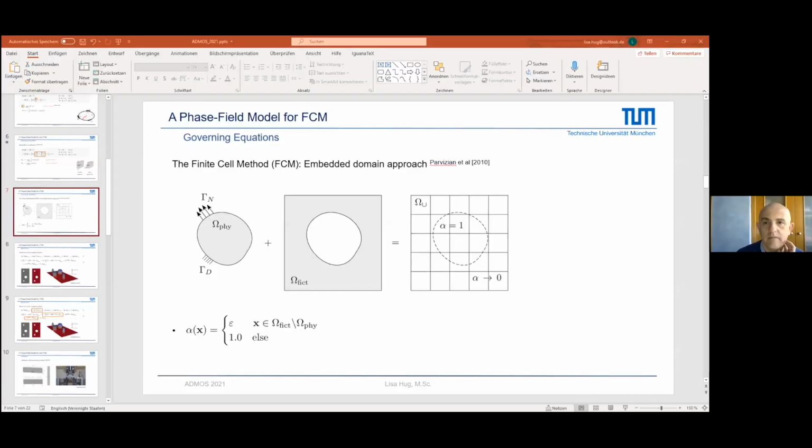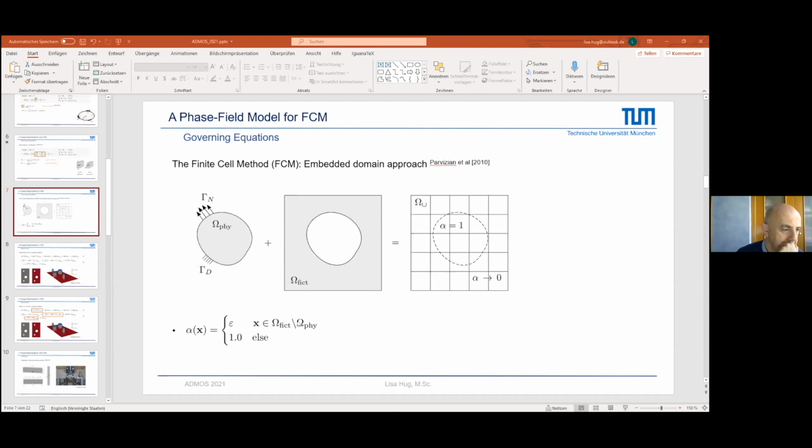Yes, I will share my screen if that's possible. Okay. So basically, the idea behind FCM is that we have our physical domain, which we embed into a geometrically larger domain of simple shape, which we can easily mesh.